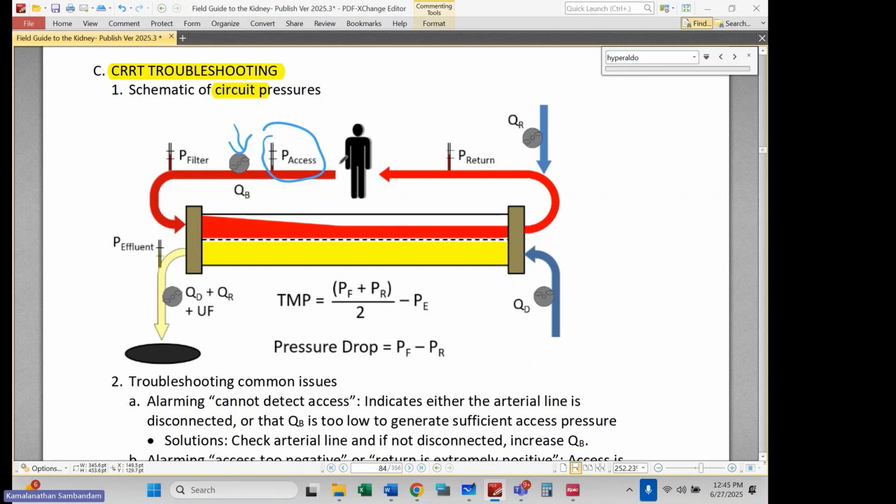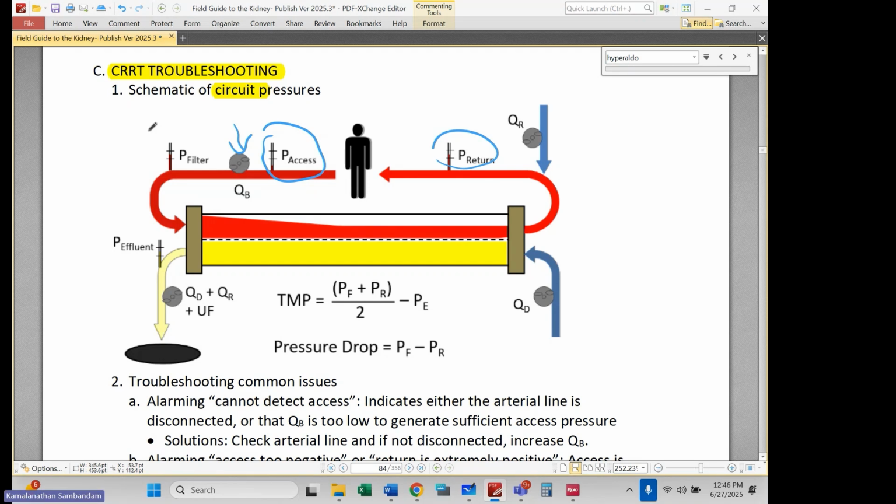So a dysfunctional catheter will make a very negative access pressure alarm. My return line is downstream of my blood pump. So a dysfunctional catheter can make a highly positive return pressure alarm. So if I have a very negative access pressure, or a highly positive return pressure, I should be thinking about a kinked catheter or a catheter that's clotting.